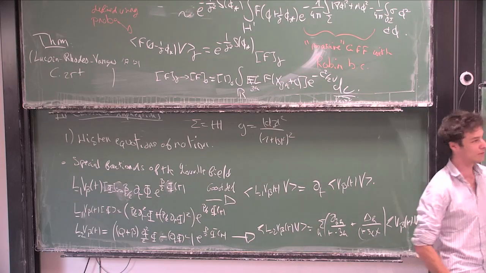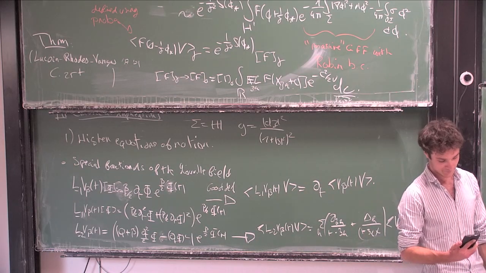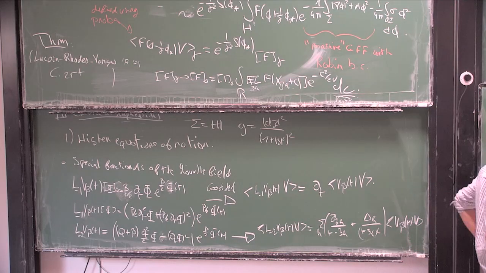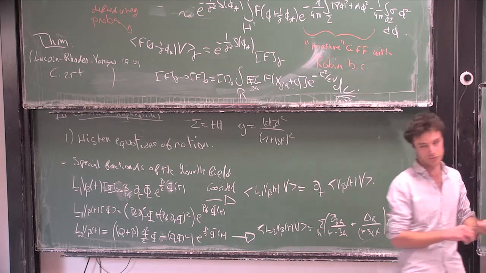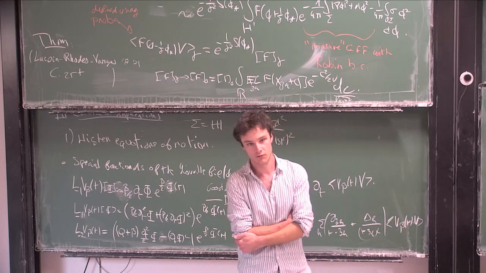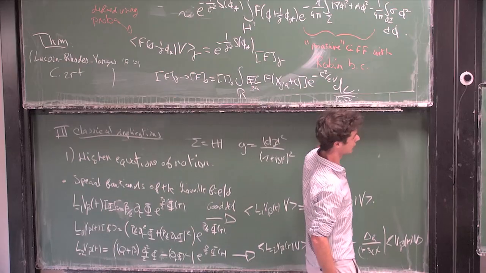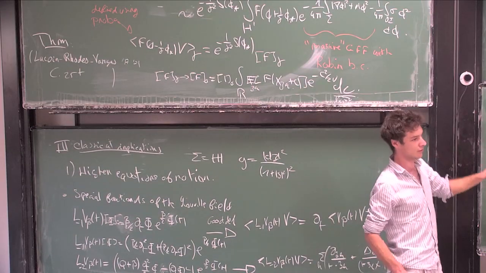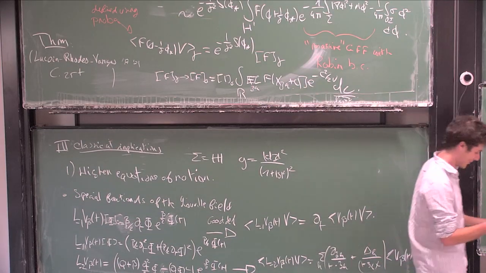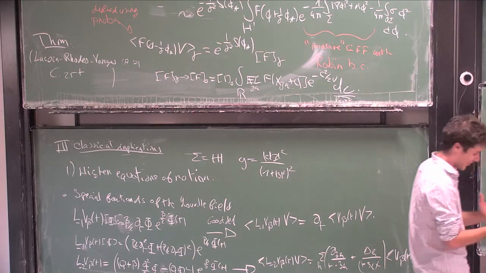Now I'm running a bit late, I think. So now you can see what this tells you in the classical world. What do these become in the classical world? And actually, what you get is something non-trivial.